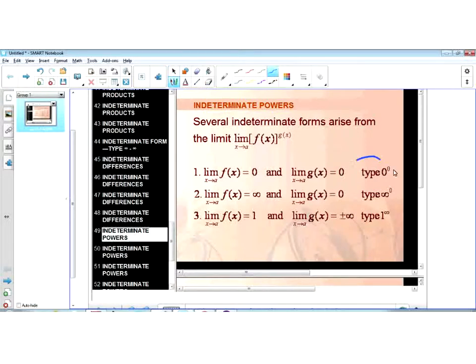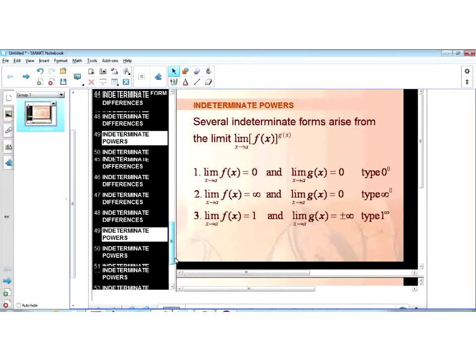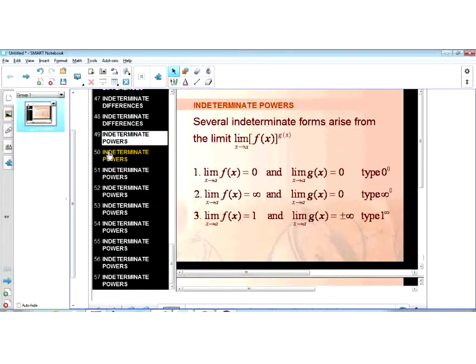So anytime after direct substitution it resolves to the 0 to the 0 case, that is indeterminate. Infinity to the 0 is indeterminate, and 1 to the infinity is indeterminate. So these are all indeterminate types. Or 1 to the minus infinity is indeterminate as well. So, 3 indeterminate power forms.